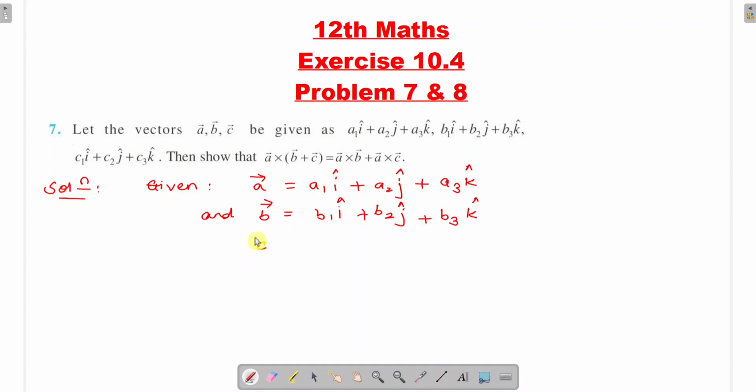Okay, c bar is c1 i cap plus c2 j cap plus c3 k cap.